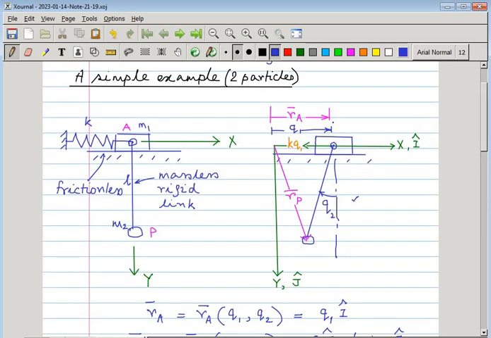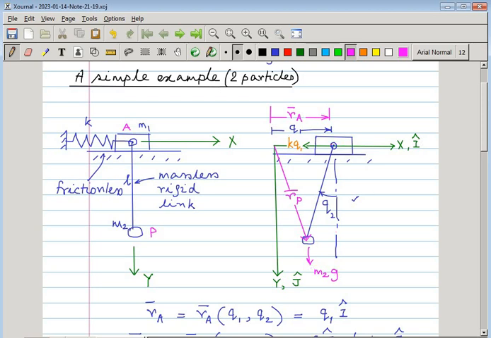So here this spring force K Q1 does virtual work due to change in Q1, and this weight M2 G, which acts on particle P, also does virtual work.